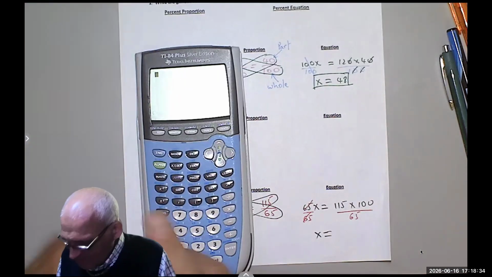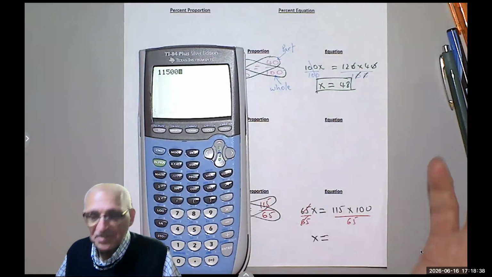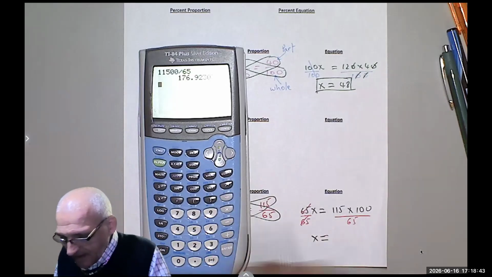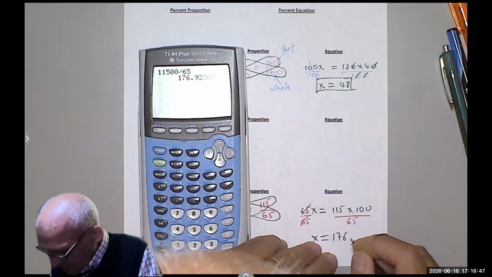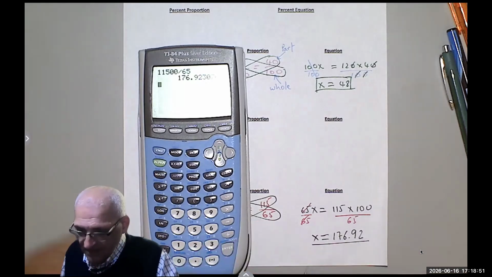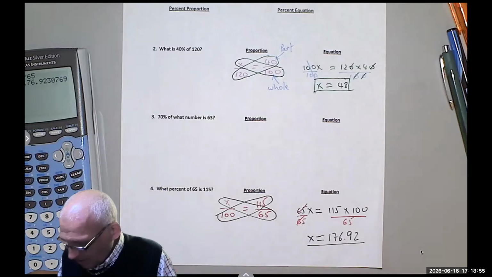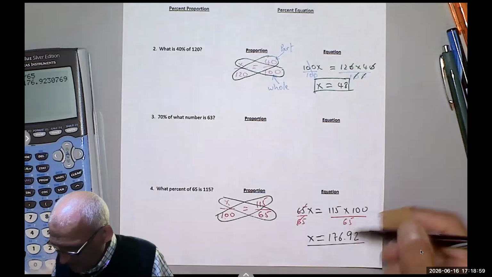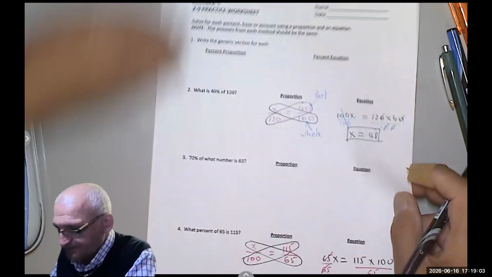So I take 115, add two zeros, which is multiplying by 100, divided by 65, and I get 176.92 if you use two decimal places. Again, this would be the answer to number 4.